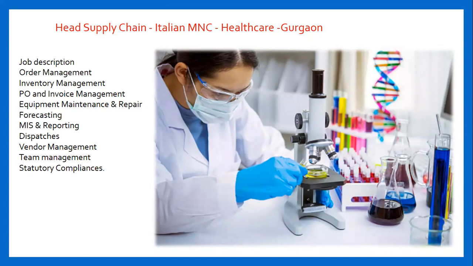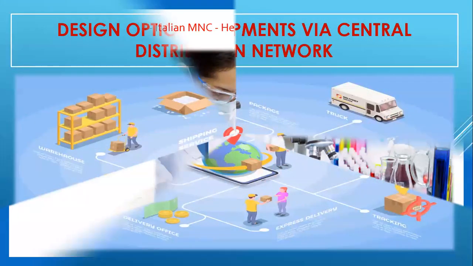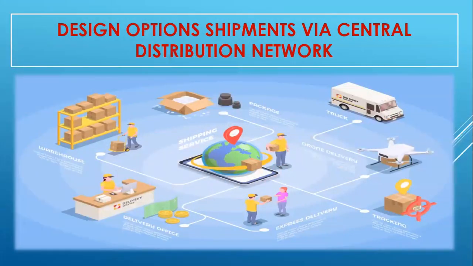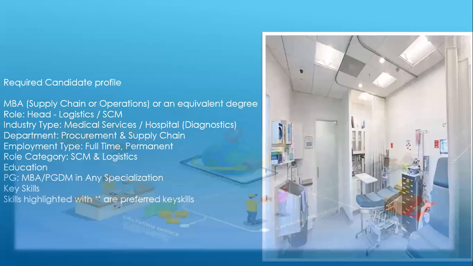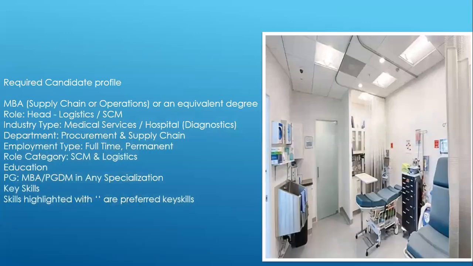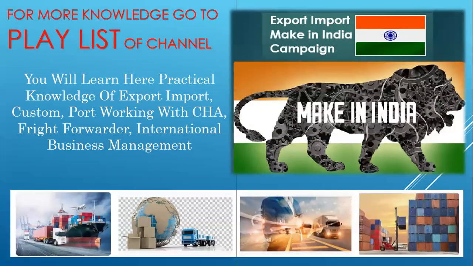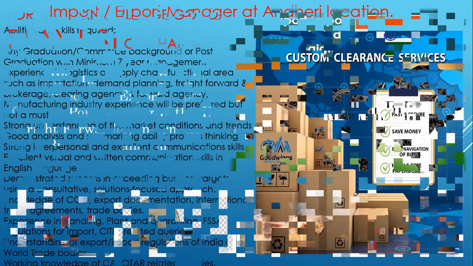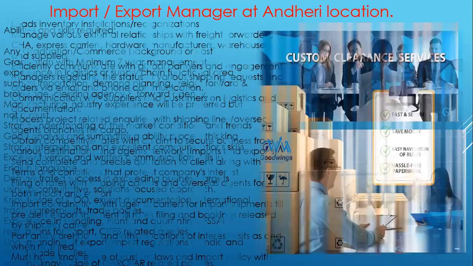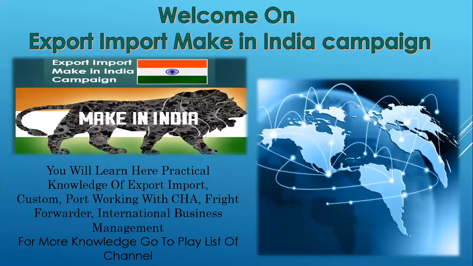Now, inventory management. A lot of equipment is used on a daily basis in hospitals: injections, bottles, and many other items that are consumed in the hospital daily. You have to manage the inventory of this equipment.